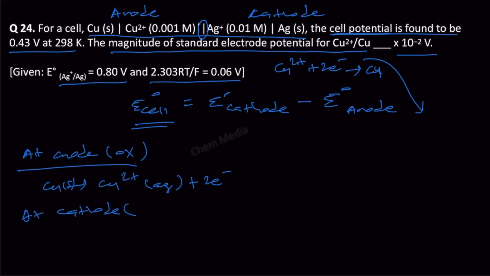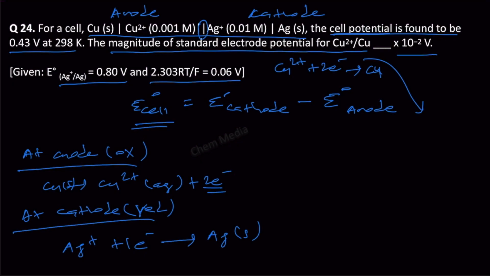whereas at the cathode reduction is going to happen. So, this means Ag plus is gaining an electron and becoming Ag solid, but we have 2 electrons involved at the anode. So, therefore, we have to multiply this equation by 2 so that we can balance the equation.